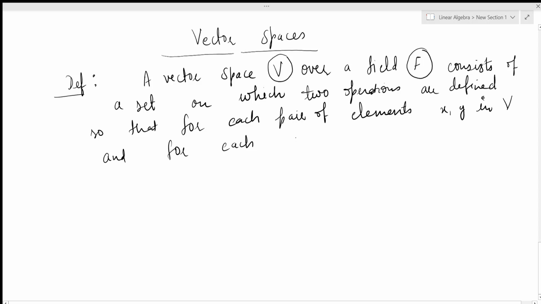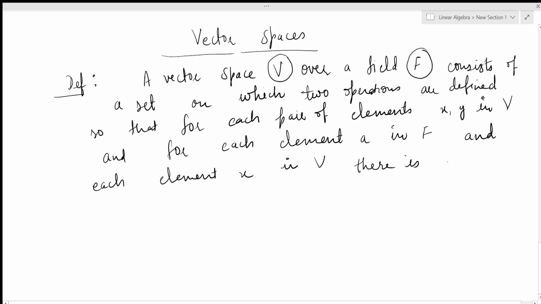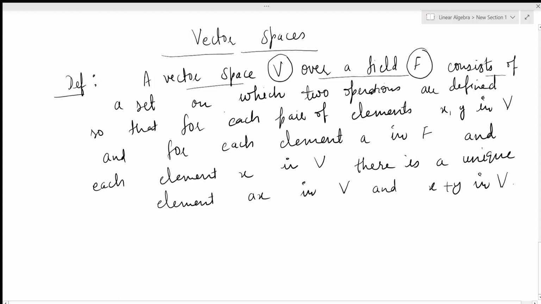and for each element a in the field F and each element x in V, there is a unique element ax in V and x plus y in V. So a vector space V over a field F consists of a set with two operations, addition and multiplication.